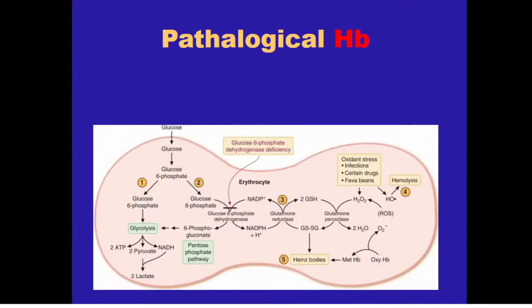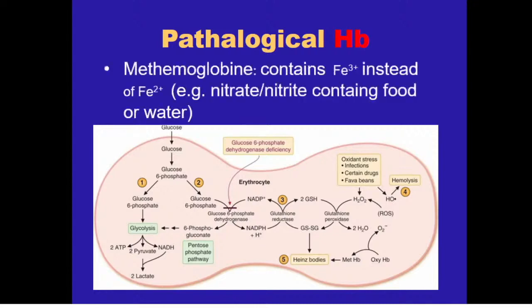Pathological hemoglobins also can appear in our body when some agents come to the blood. But normally, oxygen can change our hemoglobin to so-called methemoglobin that contains iron 3+ instead of iron 2+.